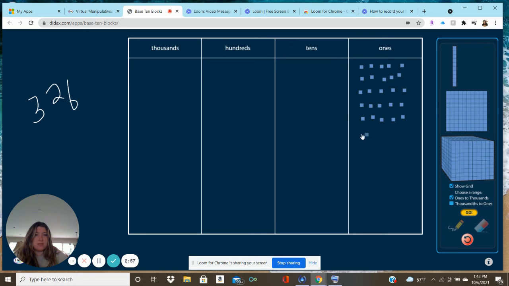And last one. Okay, so we have 26 one blocks.